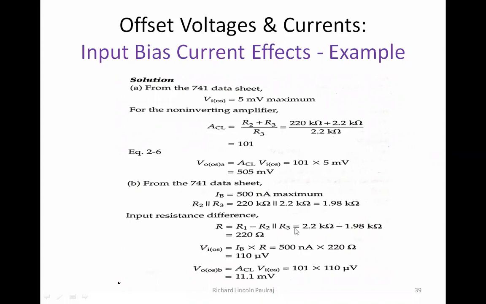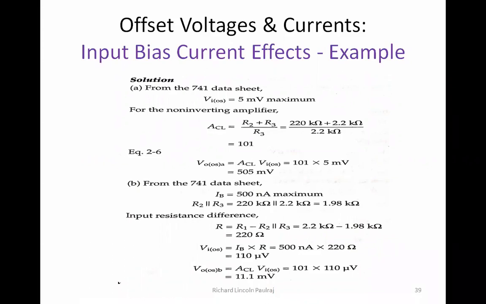So keeping this key difference, we recalculated the input offset voltage, and ultimately, because of the input offset voltage, the output offset voltage changes, because that is nothing but ACL, which is gain into input offset voltage.